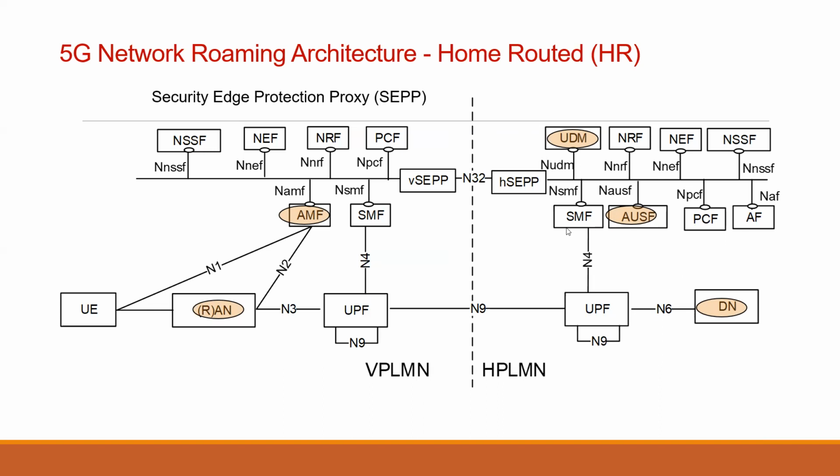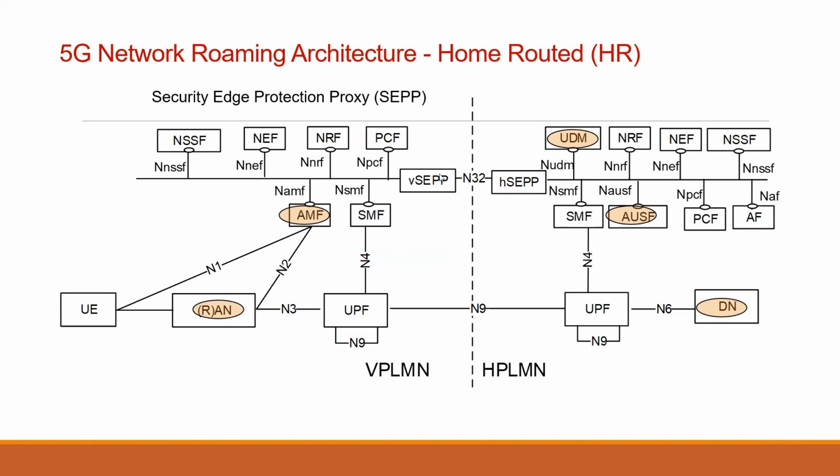The rest of the NEs are basically common. So on the visitor side, you're going to utilize the SMF as well, and on the home side as well, you're going to utilize the SMF as well as other network functions.